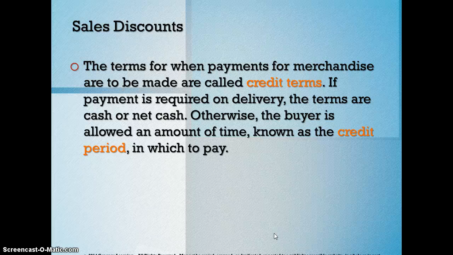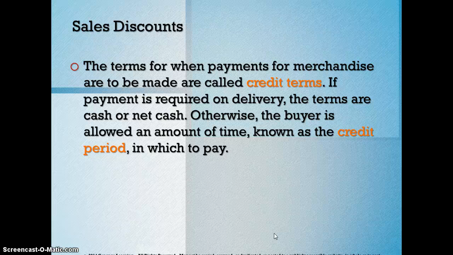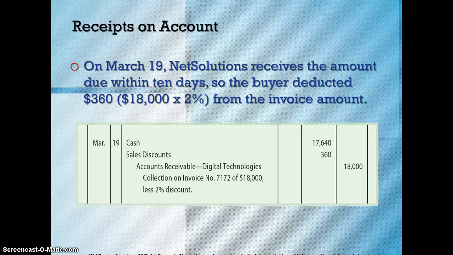All right, so we can also give our customers sales discounts. Just like we received a discount, we can in return give sales discounts, and those are those same credit terms that we talked about. Okay, so on March 19th, Net Solutions received the amount due within 10 days, so we reduced their amount by 2%.